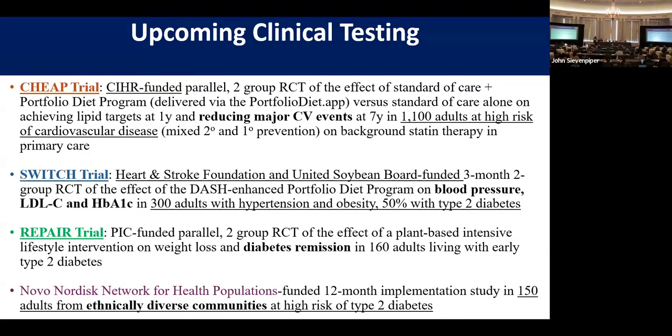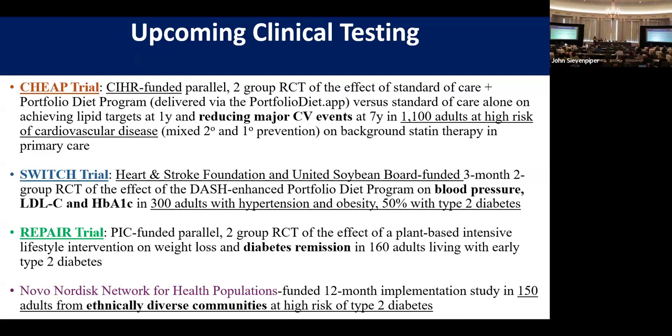So the portfolio diet program is going to be tested. We're now assessing its implementation in 3 randomized controlled trials and 1 implementation study. The CHEAP trial, I'm going to show you one slide of in a second, but the SWITCH trial, Antonio presented yesterday, and I presented the REPAIR trial when we were talking about remission.